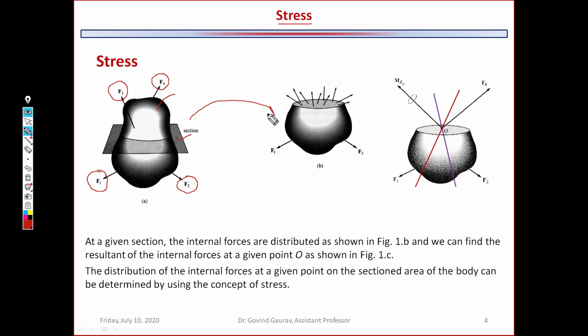So when we cut it with a section or a plane, this particular section will be subjected to different types of forces. The values of the forces will be in different directions, because we are always interested in defining a stress at a particular point.